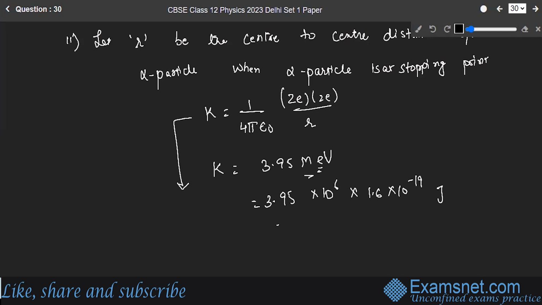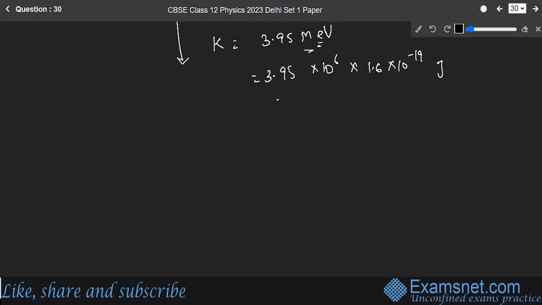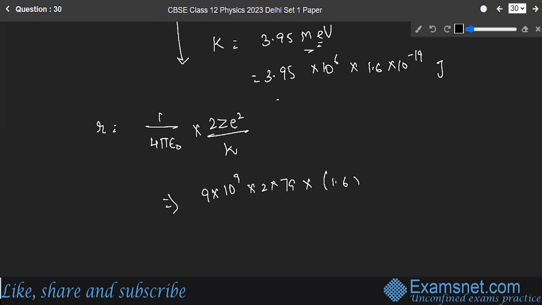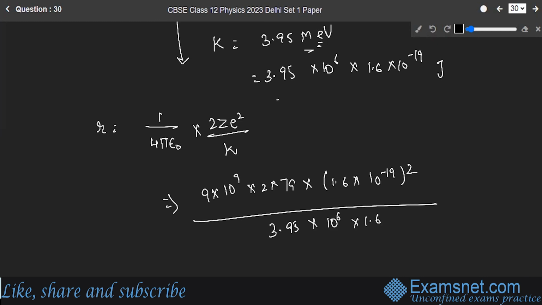So now R will be equal to 2Ze square upon K. This is equal to 9 into 10 power 9 into 2 into 79 into (1.6 into 10 power minus 19) whole square, divided by 3.95 into 10 power 6 into 1.6 into 10 power minus 19.